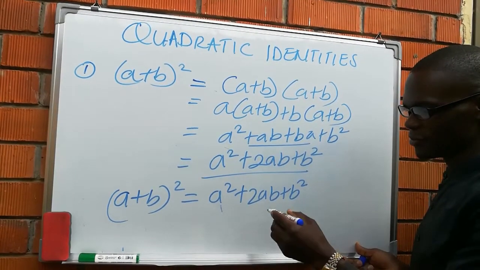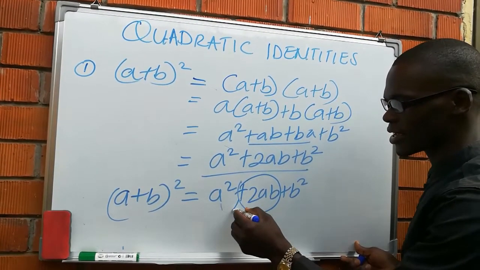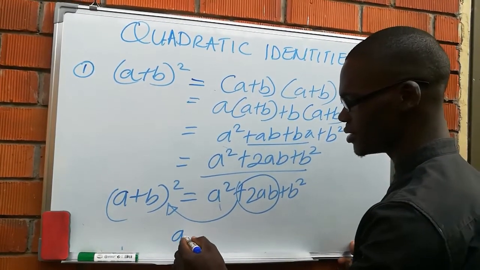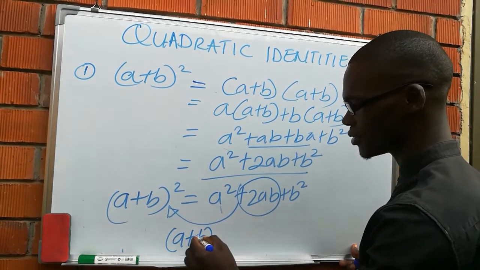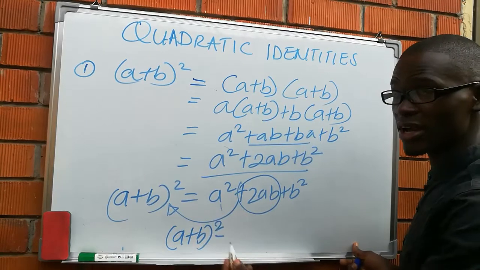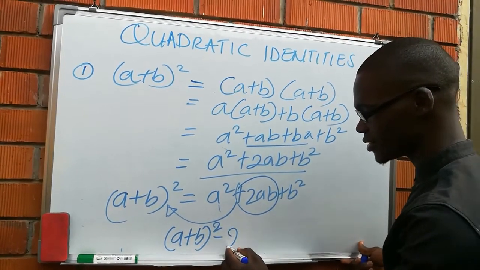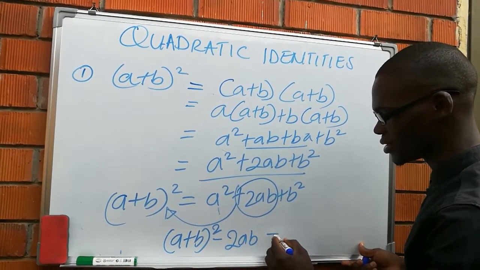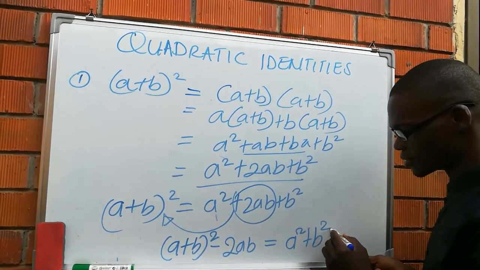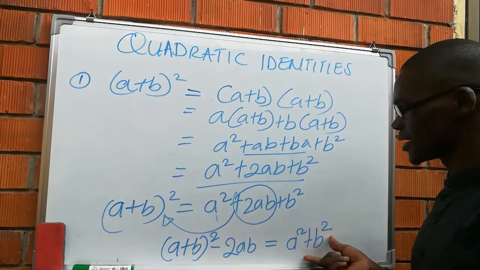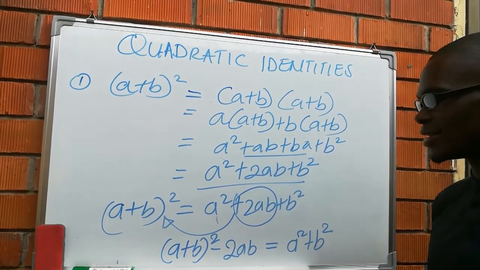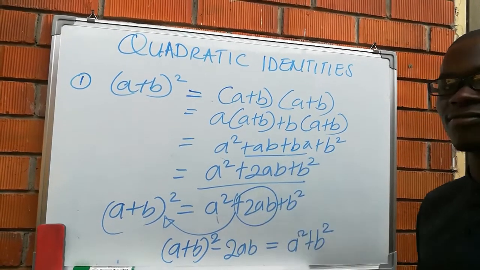But if we are to take this the other side, we come up with a plus b squared minus, because it is a positive, so when it crosses it becomes a minus, minus 2ab equaling to a squared plus b squared. So this one we could call it the sum of 2 squares is derived from the perfect square.